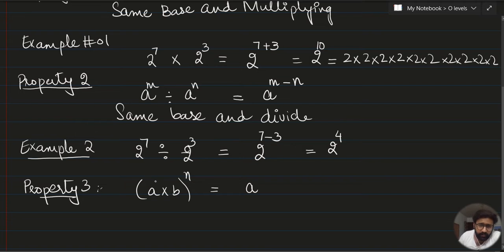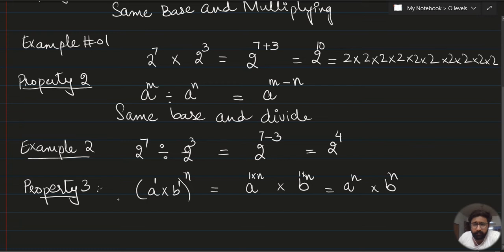For example, what is the power on top of A? It is 1. And what is the power on top of B? It is also 1. So this 1 is going to multiply with the power on top of the complete bracket. So it is going to become like this: A power n multiply by B power n.